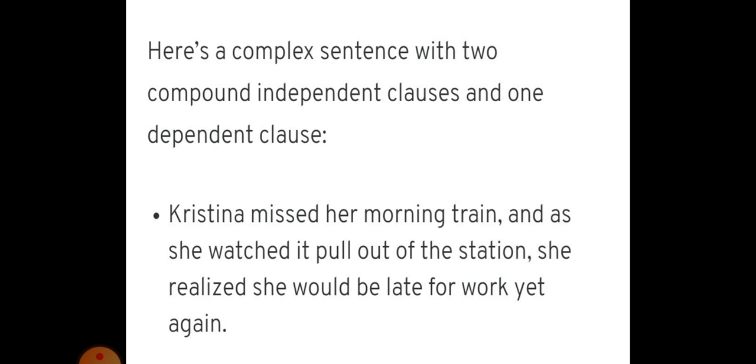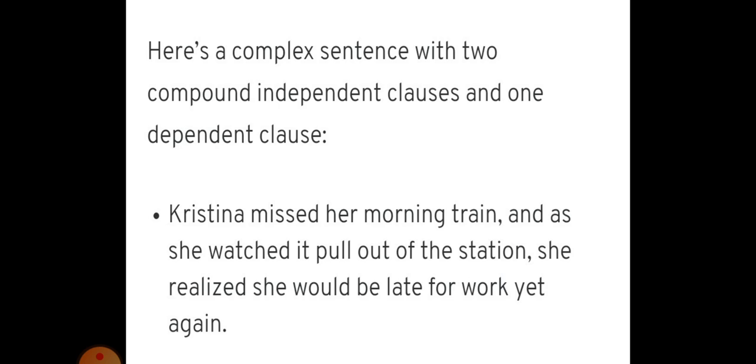Now here's a complex sentence with two independent clauses and one dependent clause. Now this is another form, just increasing the complexity, because complex में क्लॉज तो होंगे, दोनों ही होंगे, एक से ज़्यादा भी क्लॉज हो सकते हैं. Christina missed her morning train and as she watched it pull out of the station, she realized she would be late for work yet again.